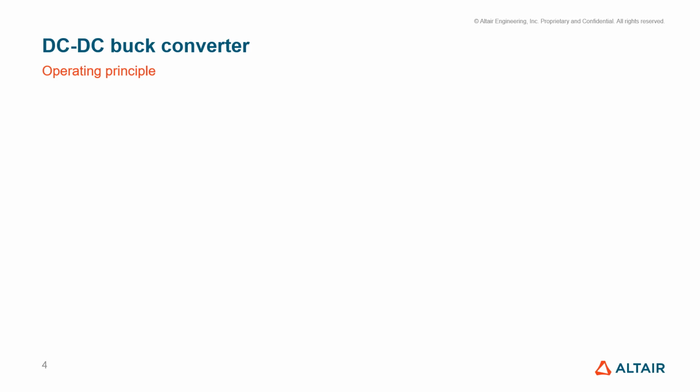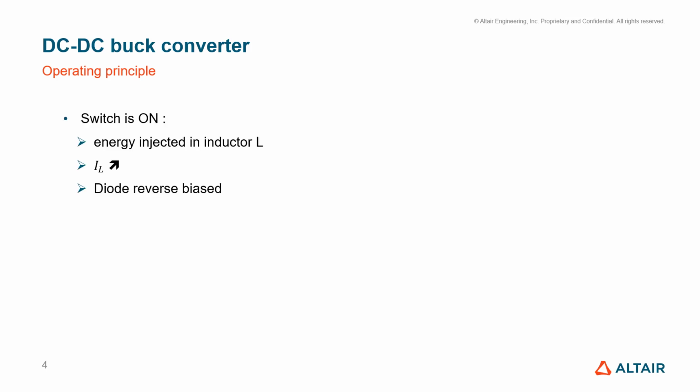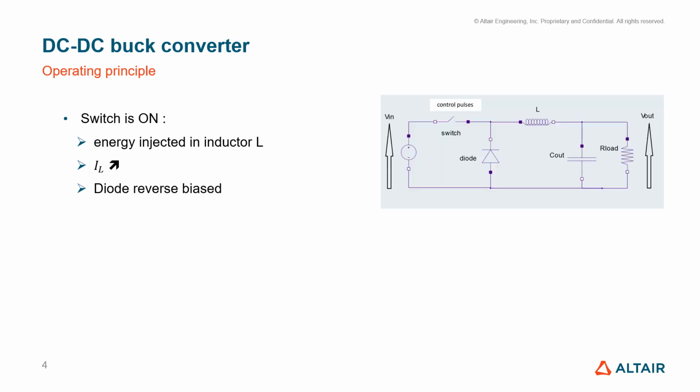The operating principle is based on two phases. During the first phase, the switch is on and energy is injected in the inductor, the current in the inductor increases and the diode is reverse biased. The current flows from the input supply through the inductor, the load and capacitor, and back to the input supply.